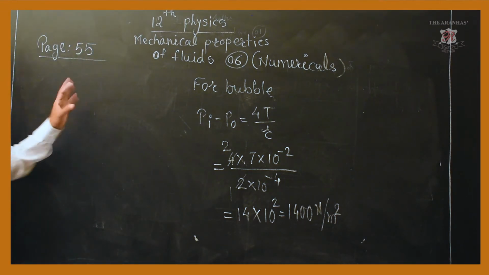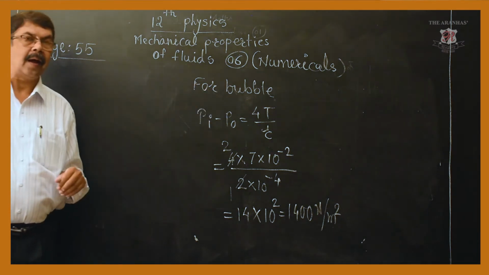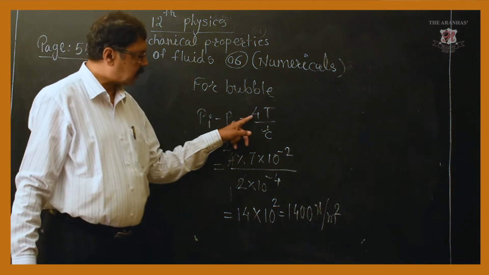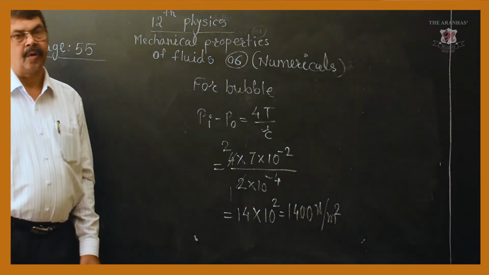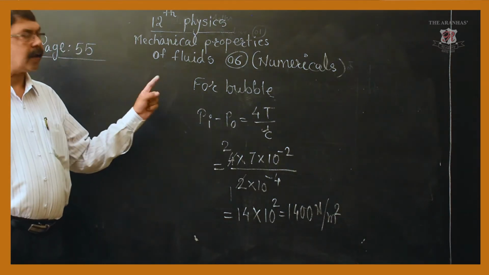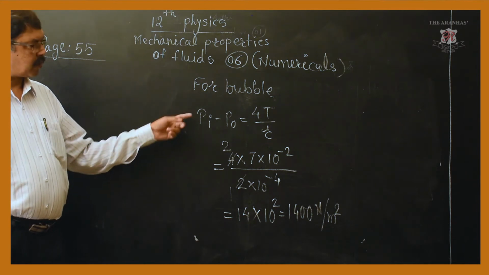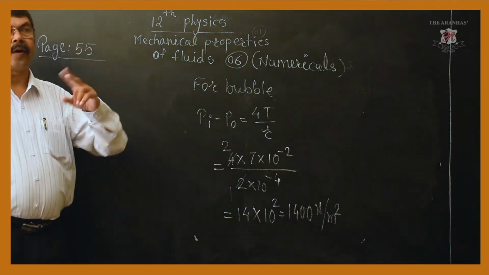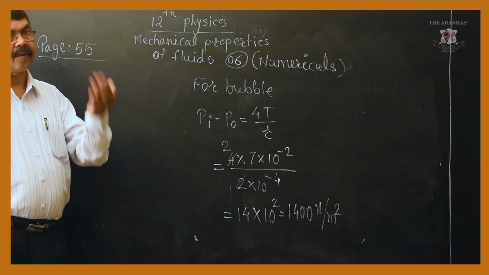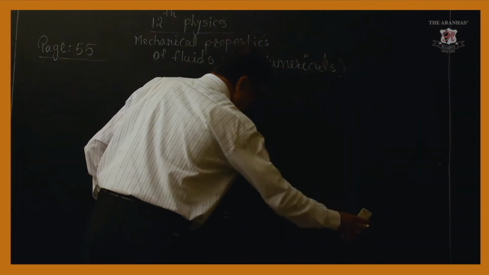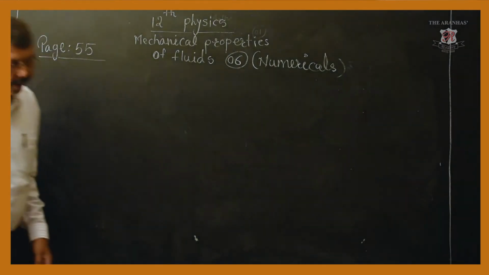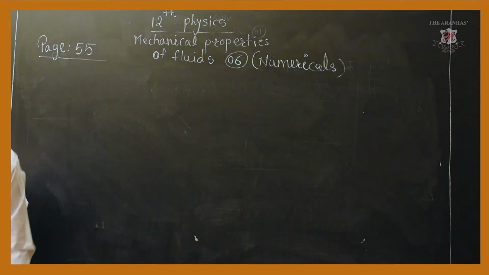If somebody misses the word bubble and calculates it for a drop, then this is going to be 2, and here the answer will be 700. So you have to read it carefully. I also confirm that radius is given or diameter is given. If diameter is given, you have to convert it to radius. So read carefully and extract the data accordingly.